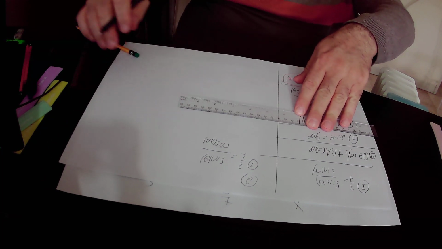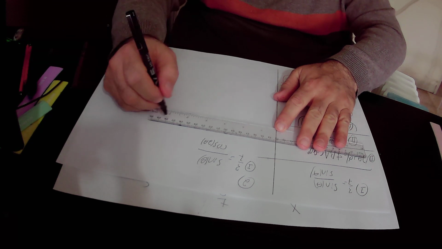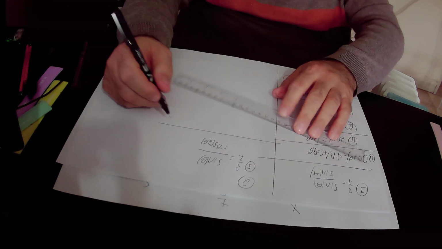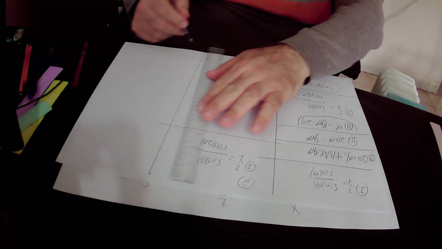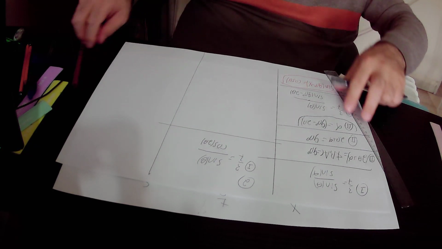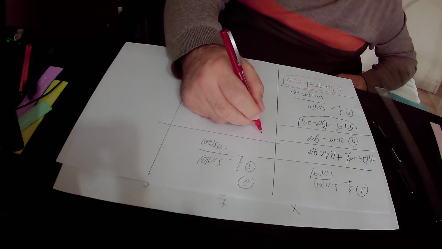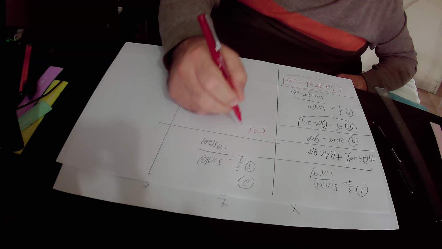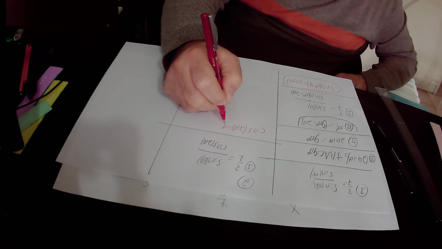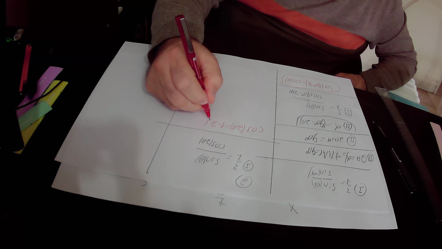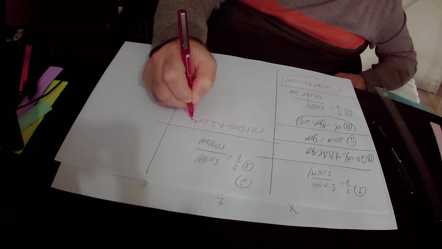Okay? And we also have another trigonometric identity: the value of cosine 2 theta is equal to 1 minus 2 times sine square theta.